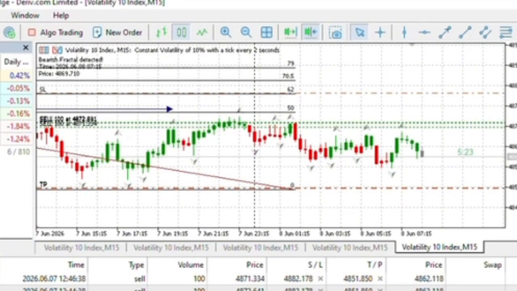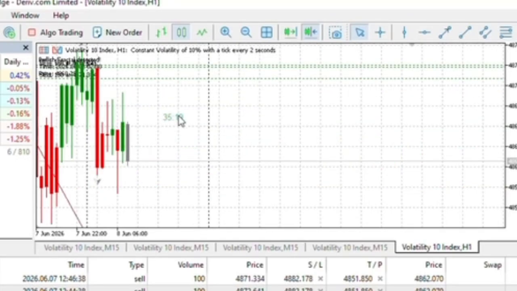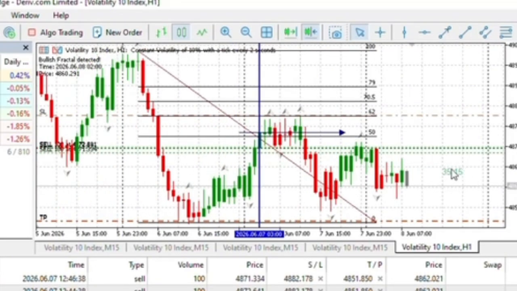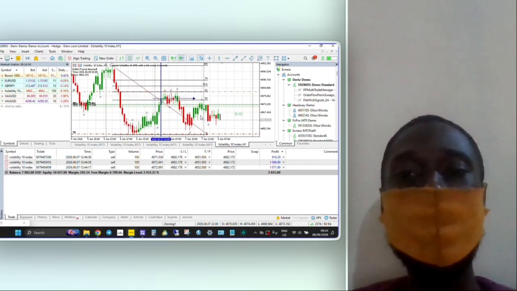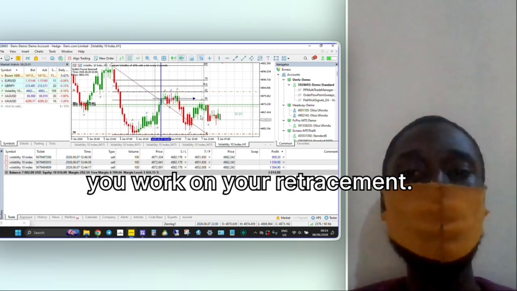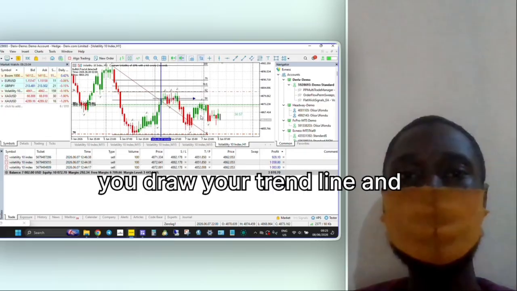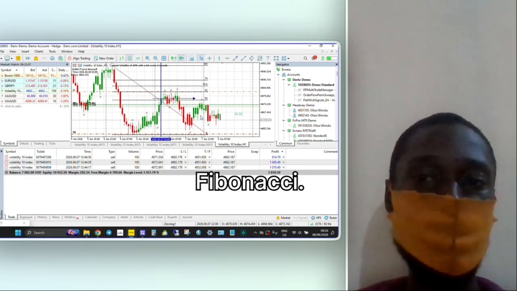Now let me see. This is all the components of this strategy. So you determine your trend or directional bias, and then you work on your retracement. Once you find the first candle of retracement, you draw your trend line and Fibonacci.